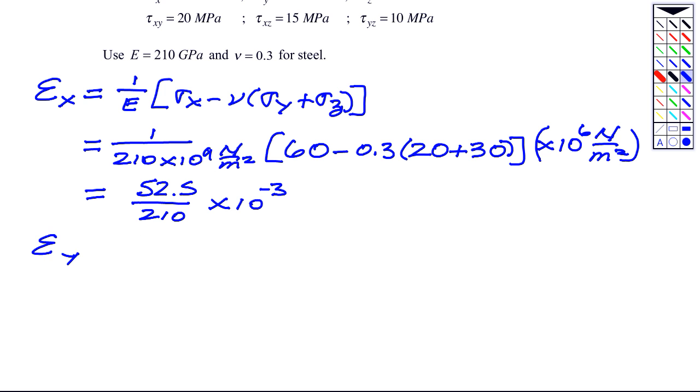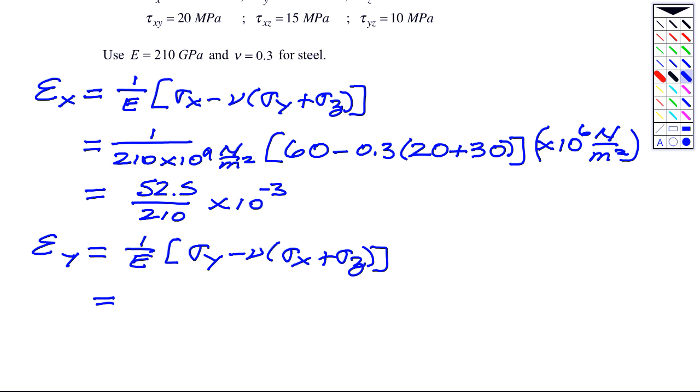Epsilon y. The equation for that is 1 over the Young's modulus, sigma y minus nu times sigma x plus sigma z. I put in the numbers for that. That becomes 1 over 210, you have 20 minus 0.3, 60 plus 30.